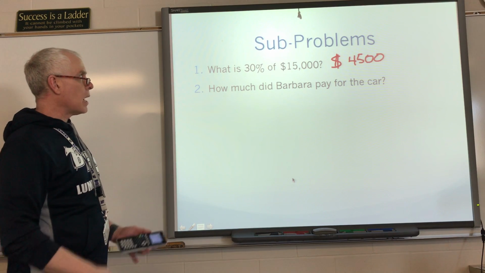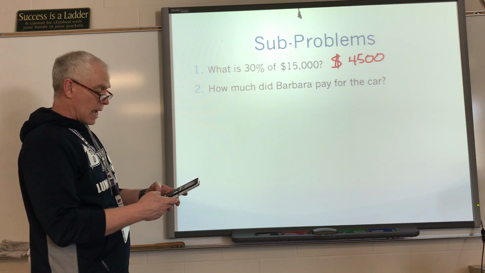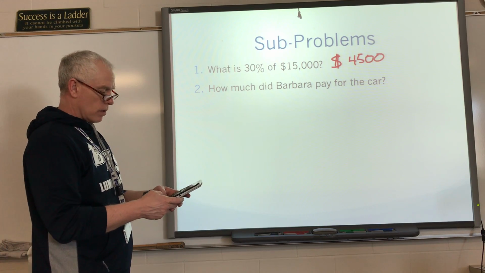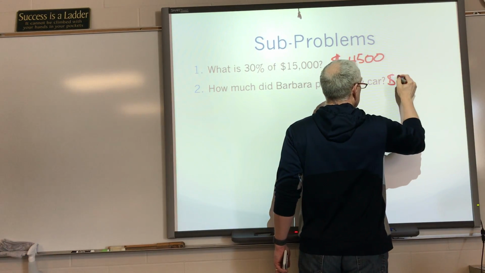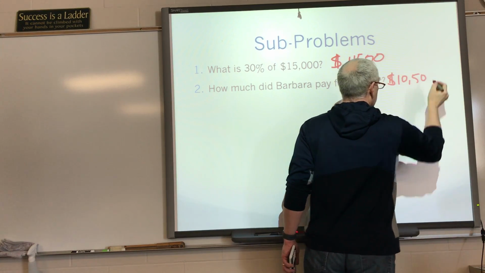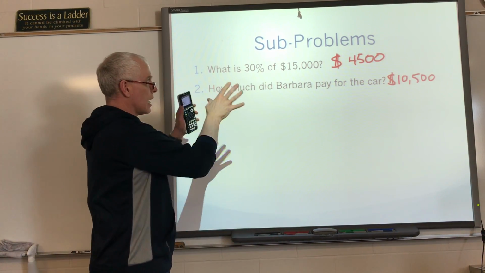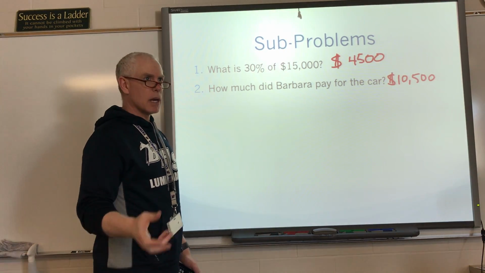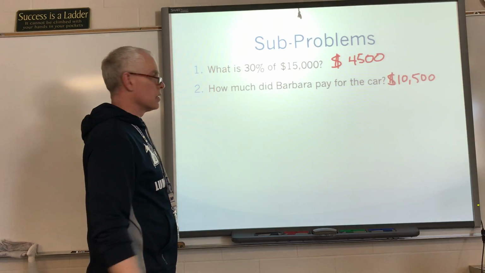How much did Barbara pay for the car? Well, it was $15,000. If I subtract the $4,500 that we just got, now we're at $10,500. And when the math is this simple on these, you don't have to actually do the math on the side. Sometimes, for some of the tougher problems, maybe, but for these ones, I don't need to see the actual calculation. The result is fine.